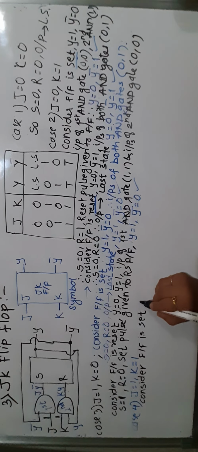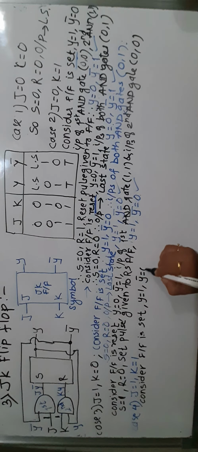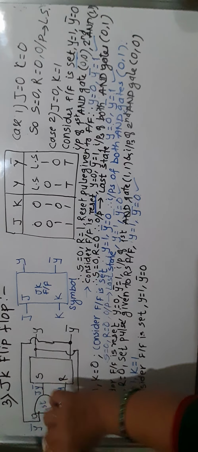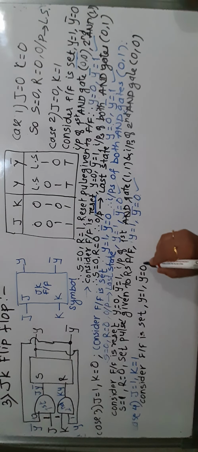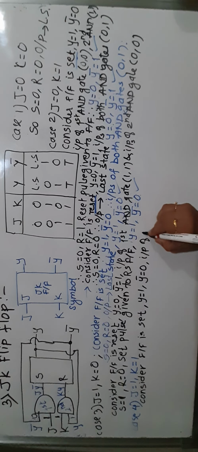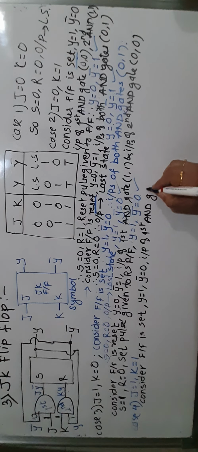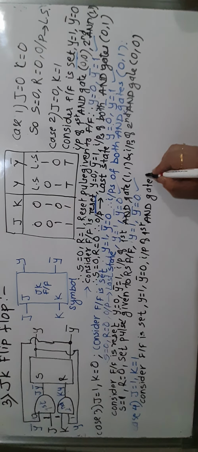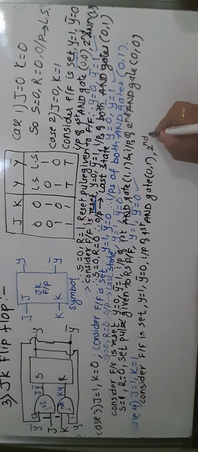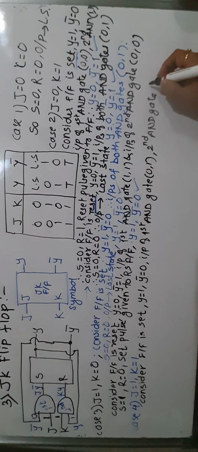Flip-flop is set means y 1, y bar 0. So input of first AND gate is 0 1 and second AND gate 1 1.